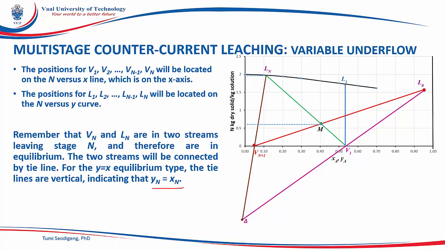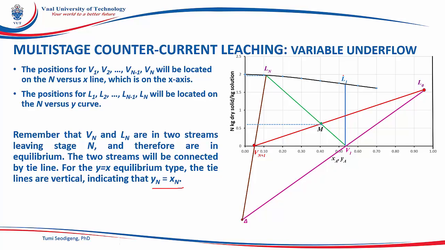The 2 streams that are leaving stage 1, which are V1 and L1, will have compositions that are connected by a vertical tie line as indicated here, because the compositions of these 2 streams are the same. So if you have V1, to find L1, you will follow a vertical tie line if your equilibrium is of the type y equals x.